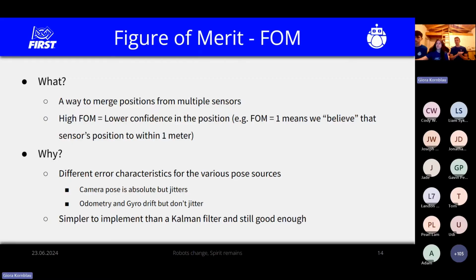The camera, unlike the odometry and gyro, is absolute, but it does jitter, meaning if the robot moves faster or has a very high acceleration, then the camera position will not be correct, so the figure of merit will be higher.